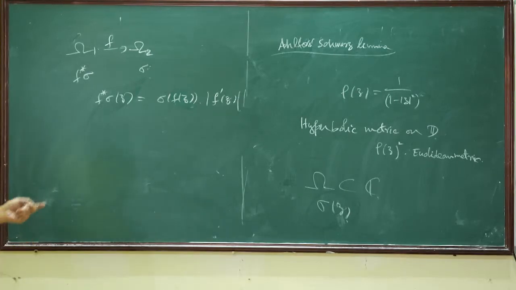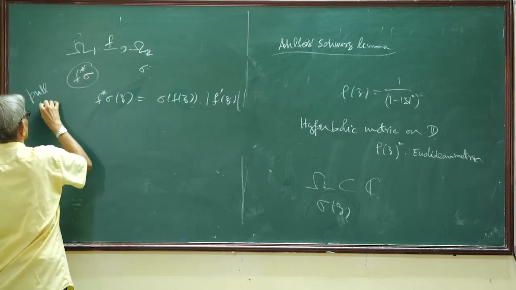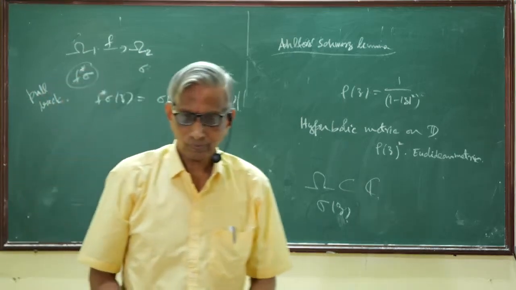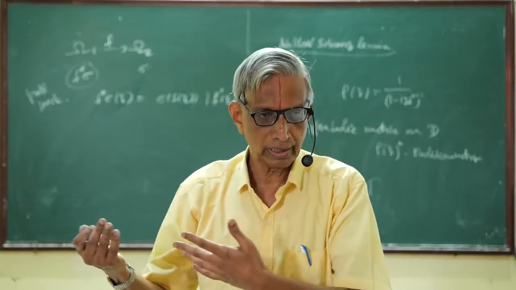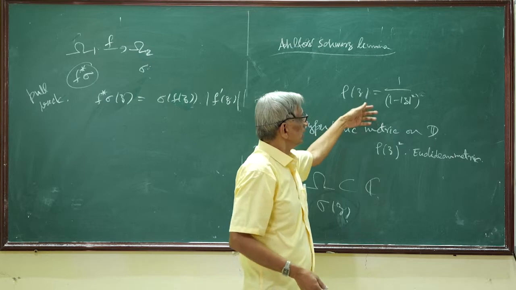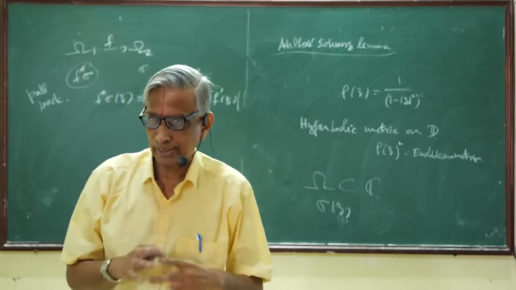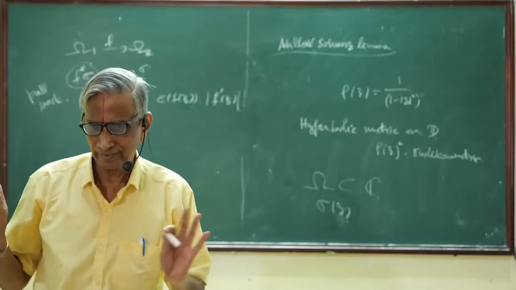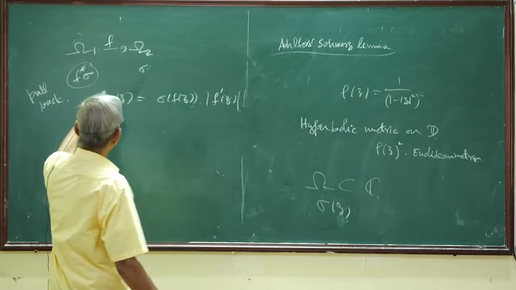So this is called the pullback metric. Okay, so each of these metrics gives rise to a curvature, just like the hyperbolic metric gave constant curvature minus 1. So they give some curvature. We don't worry about what it is. So you have the pullback metric.